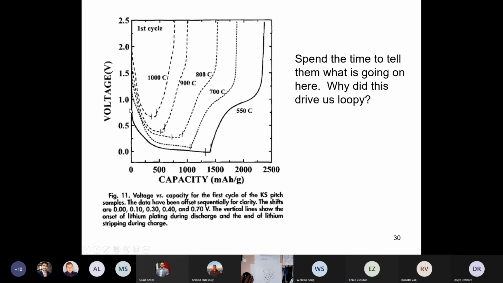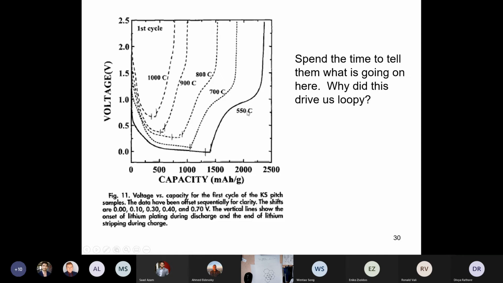But what's really bizarre about this is you add the lithium around 0.1 volts, but you can't get it out until up around 1 volt. This is called hysteresis. And if you look at this 1 volt plateau, it slowly goes away with heat treatment temperature, right? It's big, smaller, smaller, smaller.